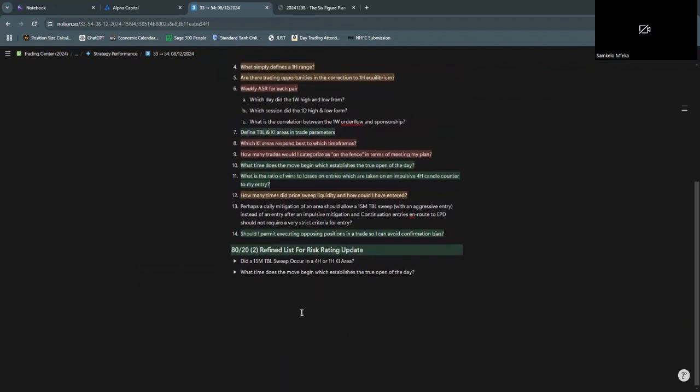Coming down to four, I had four on this list in my 80/20 refined list for the risk rating update. I came back to the saying of 80% of your results stem from 20% of... what's the saying? I've actually lost the saying.